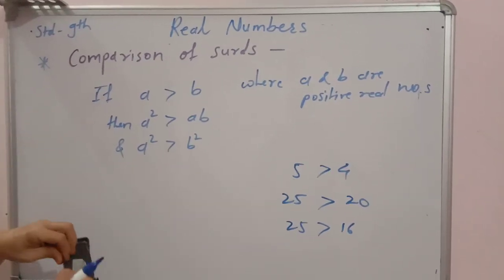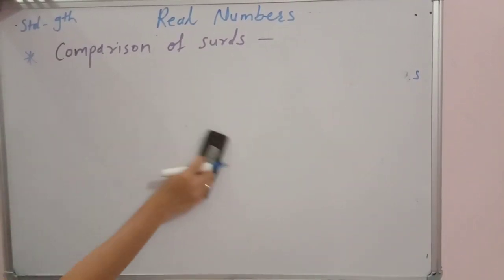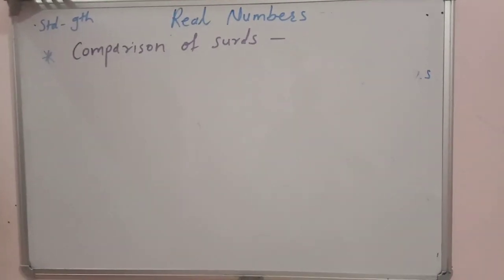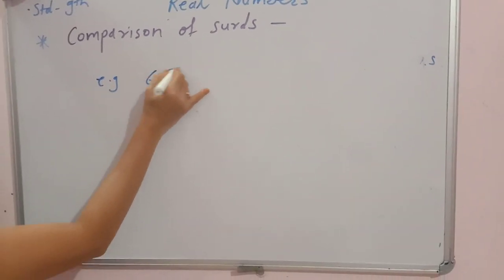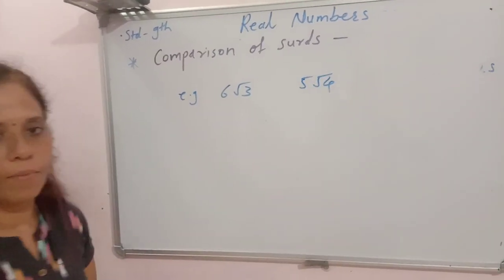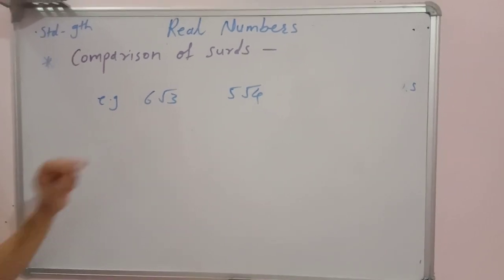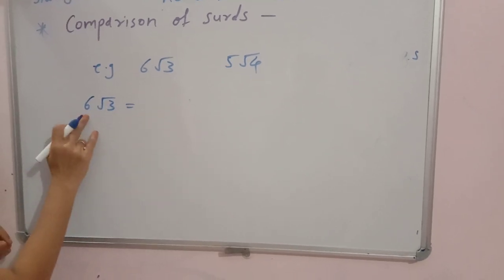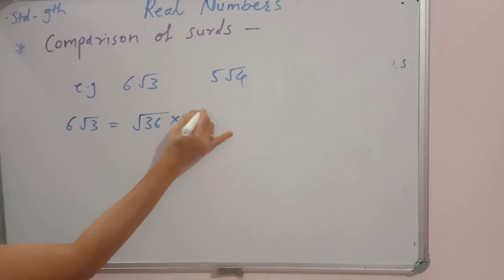When two surds are compared, you know which surd is bigger and which is smaller. So for comparison of two surds, we can compare their radicands. For example, see 6 root 3 and 5 root 4. These surds we have to compare, so write each surd in this form. 6 root 3 equals the root of 36 multiplied by 3.